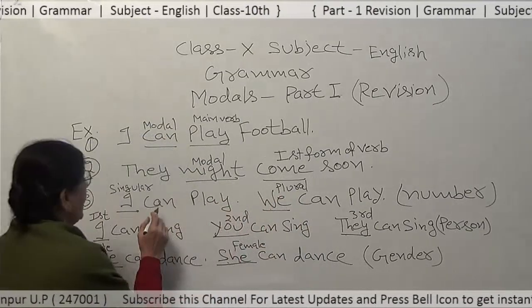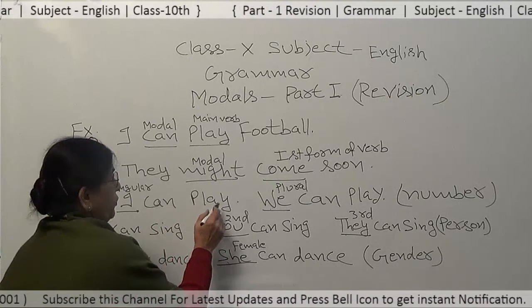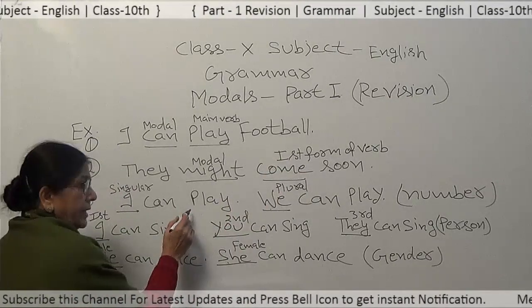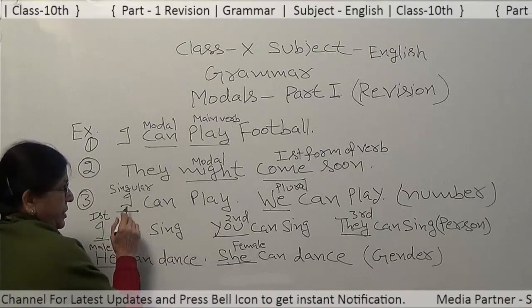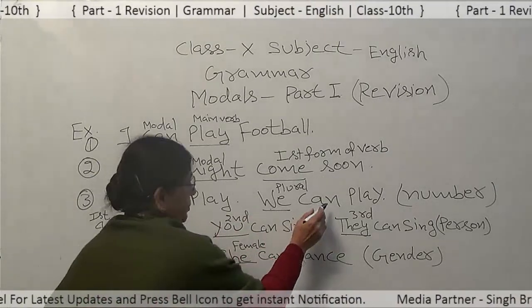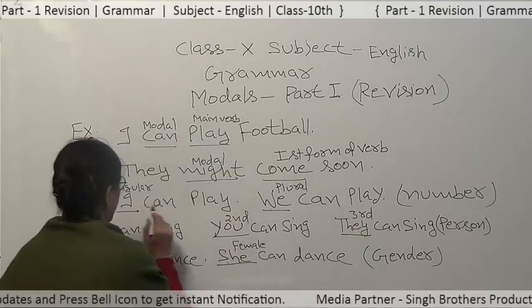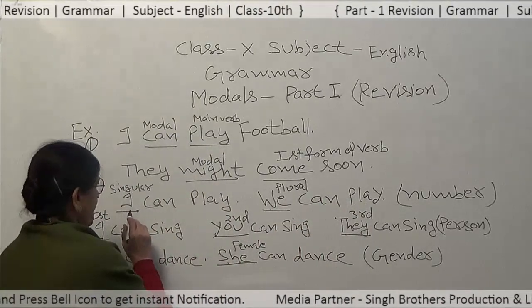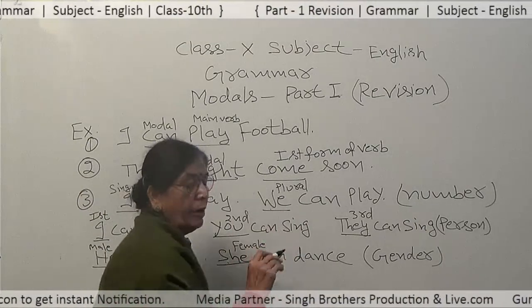Just see again, can is modal, play is the first form. Again see, they will always take the first form. For both the numbers, singular and plural, we are using the same modal.